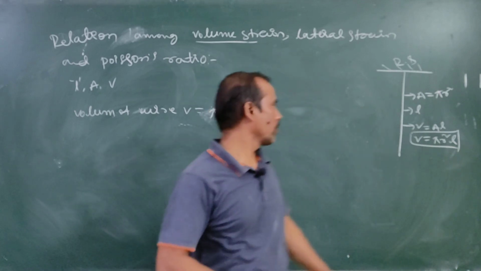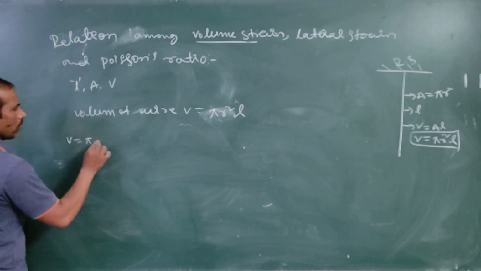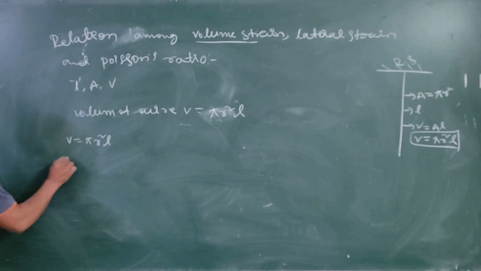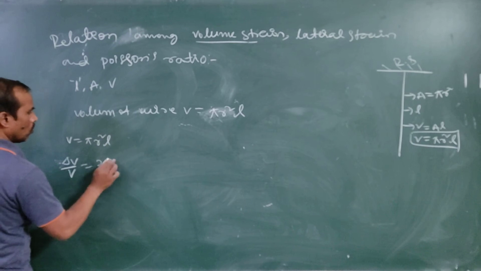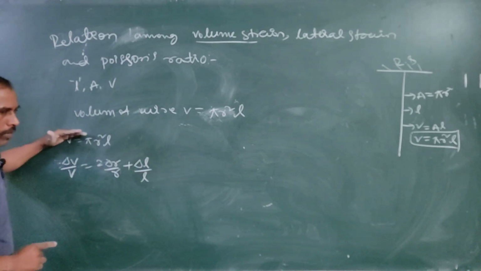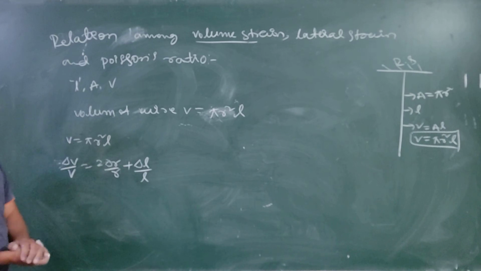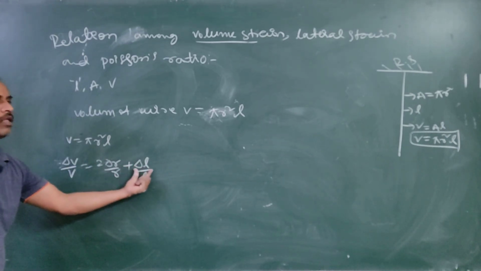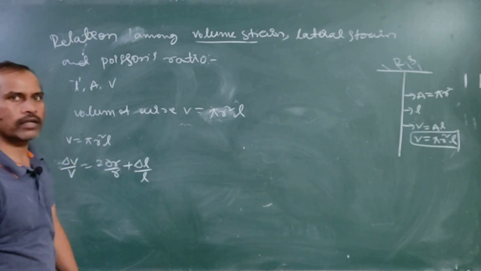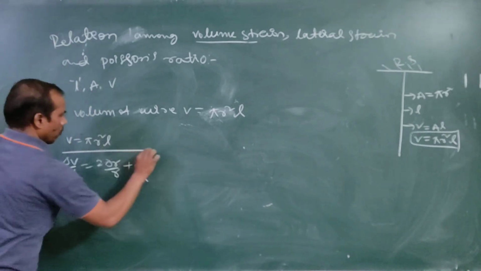We will get delta V by V is equal to 2 delta R by R plus delta L by L. Delta L by L is the longitudinal strain, delta R by R is the lateral strain, and delta V by V is the volume strain. This is equation 1.